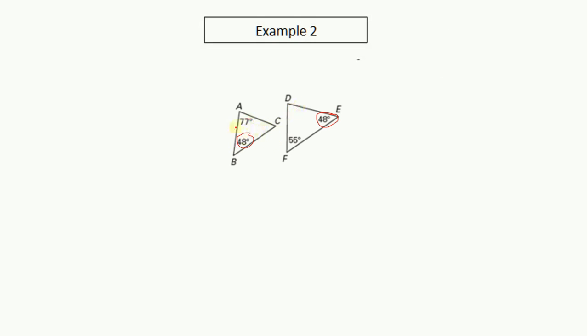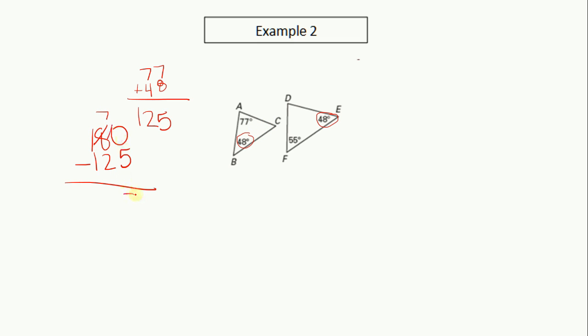How many degrees are inside a triangle? 180, right? So 77 plus 48 would be 125 if I add those two together. So if I do 180 minus 125, just so I can get angle C right here, we'll get 55 degrees right here.